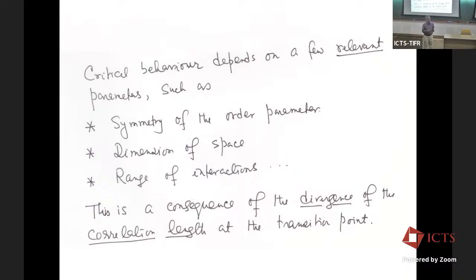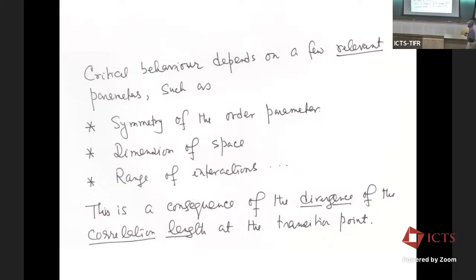Since the critical behavior is governed by fluctuations at very long length scales, they are somehow insensitive to what happens at the particle level, at short length scales. So the reason for this universal behavior is that there is a correlation length in the problem. I will define it in just a moment, and it actually diverges at the critical point.